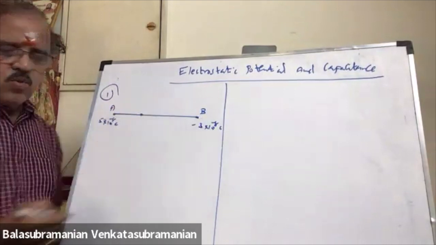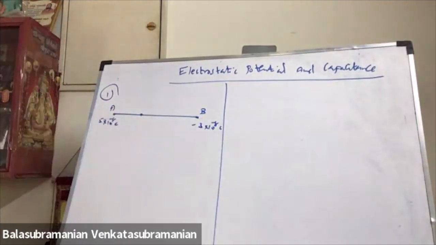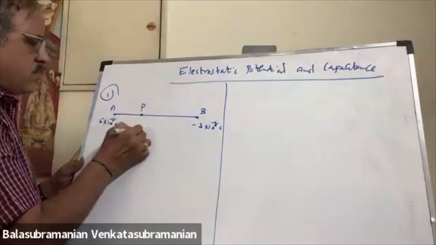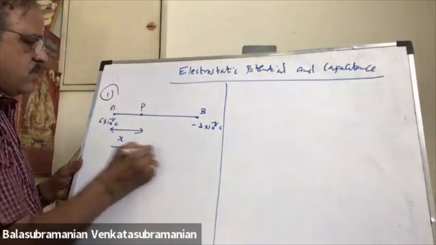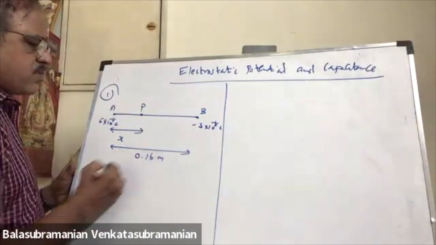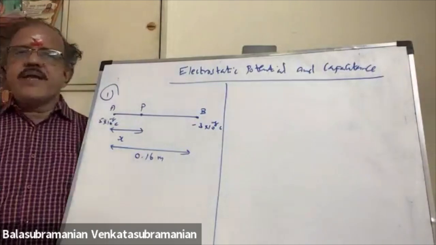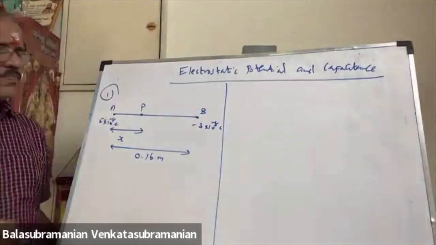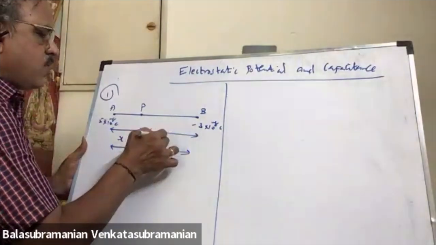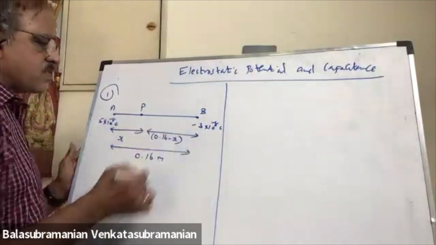At this point O, say P, whatever it is, you can take. This distance is x. These two charges are 16 centimeter apart, so that should be 0.16 meter. So the remaining distance should be 0.16 minus x.